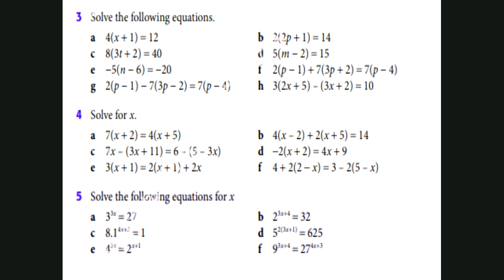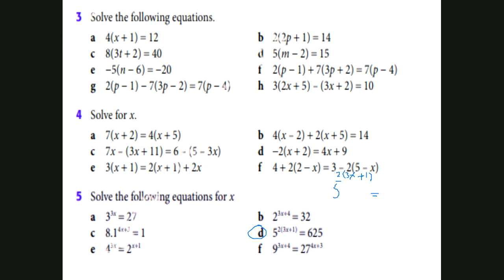It is 5 to the power of 2 times 3x plus 1 is equal to 625. Whatever the left side is must be equal to the right side, because equality is given in the question.